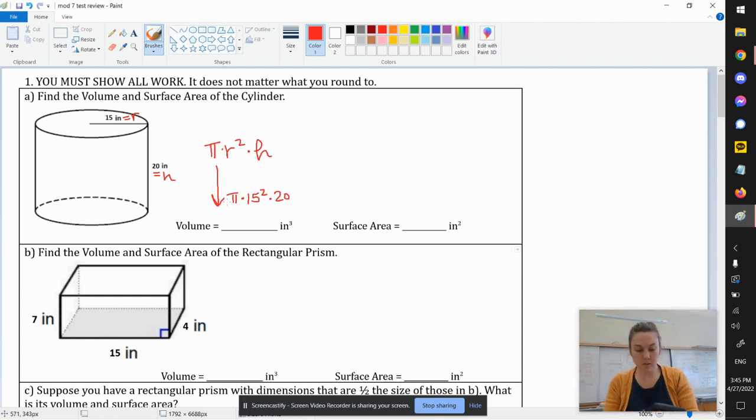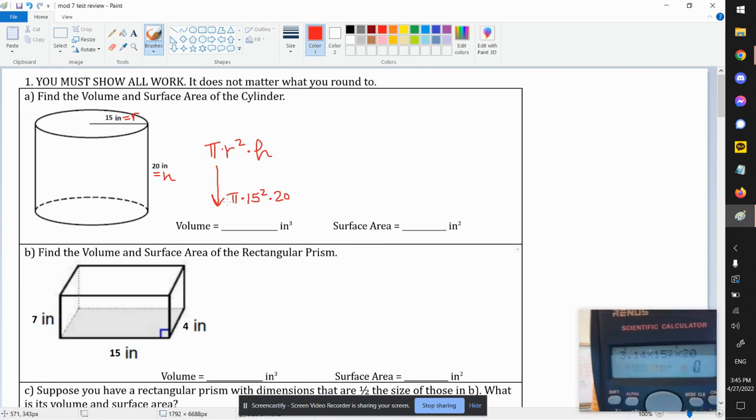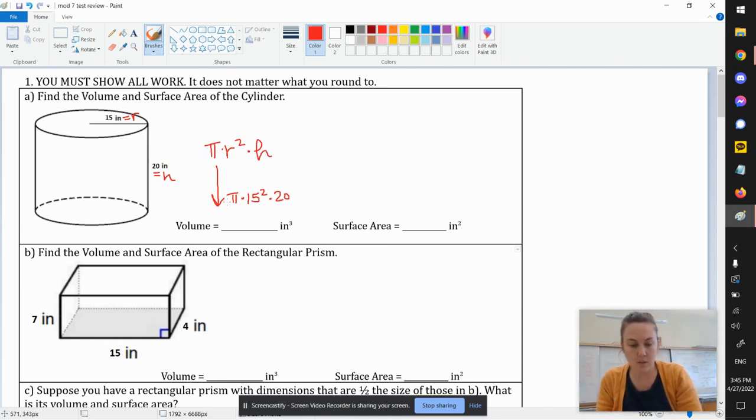So 3.14 times 15 squared times 20. Literally just plug that into the calculator, enter. I get 14,130. Kill it, right?